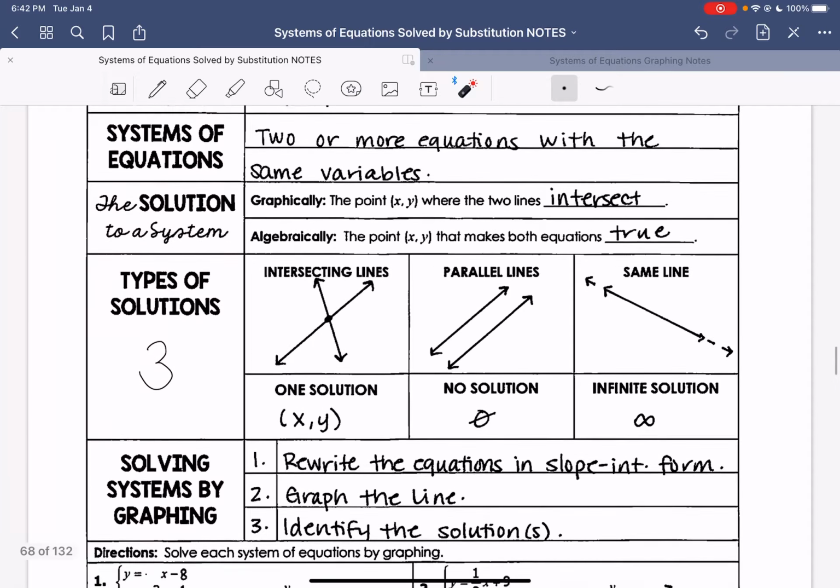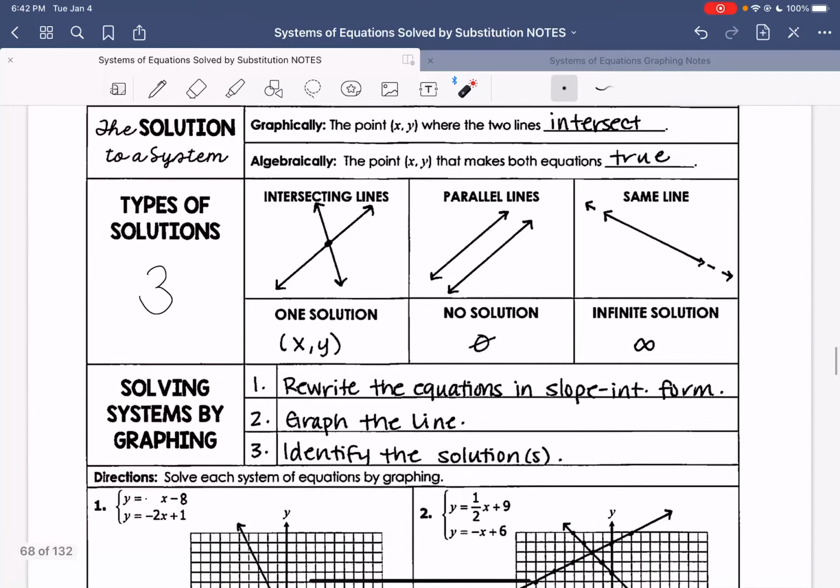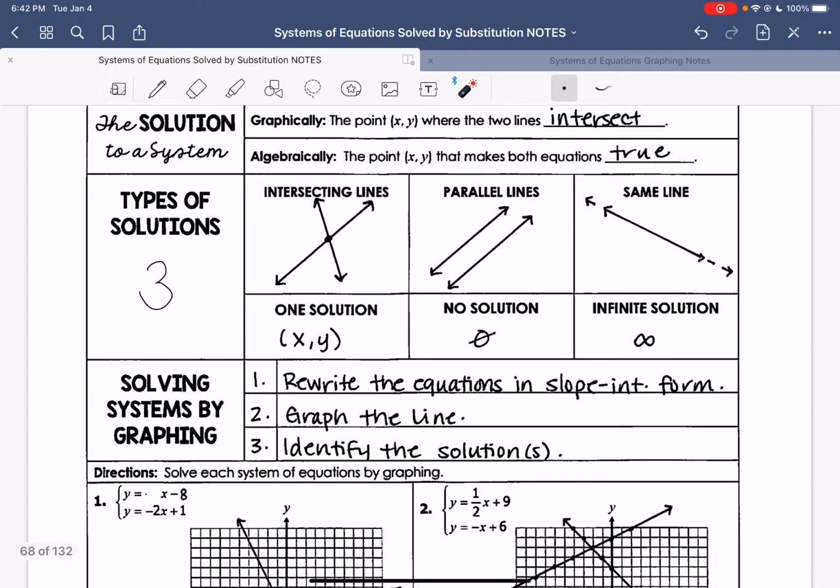So, to solve a system of equations by graphing, these are your three steps that I will refer back to. The first is to rewrite the equations in slope-intercept form, and just a reminder, that is y equals mx plus b.